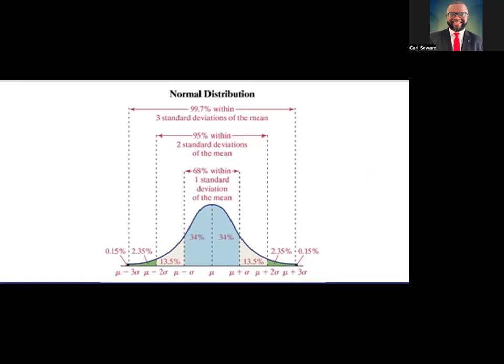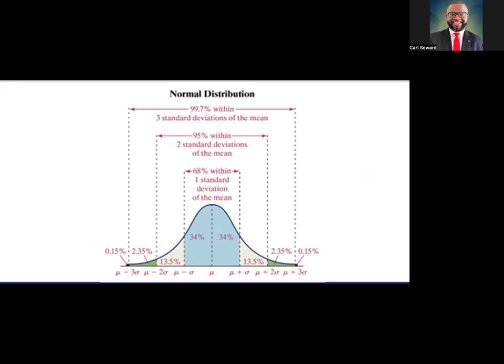So those are deviations to the right. Similarly, you will see mu minus sigma, one deviation to the left, mu minus 2 sigma, two deviations to the left, and mu minus 3 sigma, three deviations to the left. So we will have deviations to the right, and we will have deviations to the left.